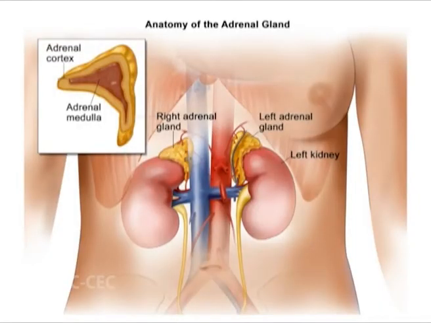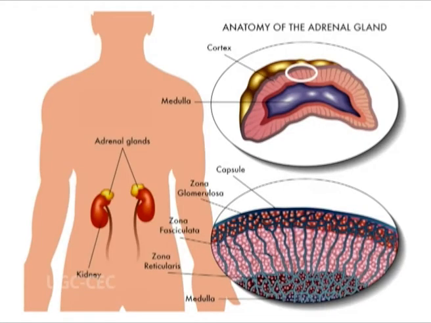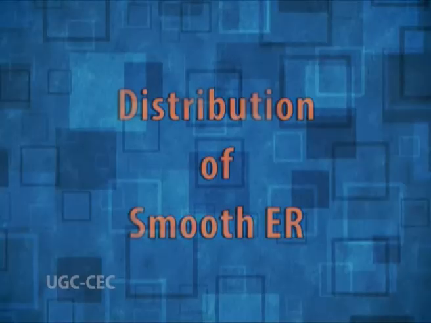In adrenal cortical cells as well as steroid producing cells in the gonads, the smooth endoplasmic reticulum serves to metabolize the steroids and produce the final steroid hormones. After the side chain of cholesterol is cleaved in the mitochondria, the product is passed to the smooth endoplasmic reticulum and further modified.